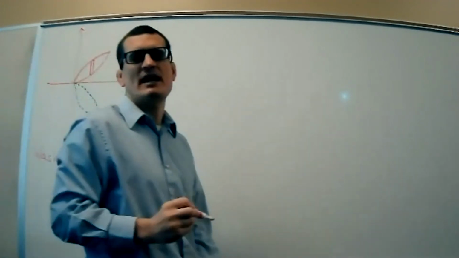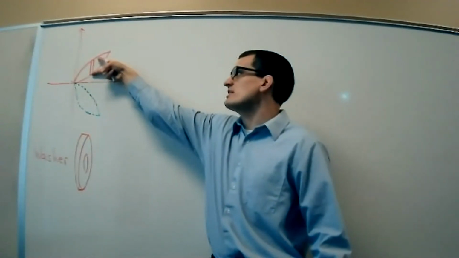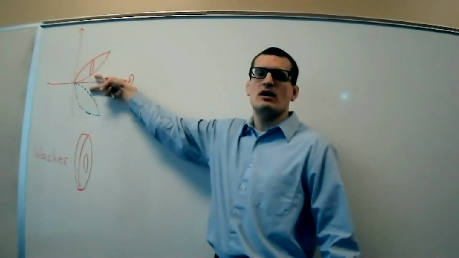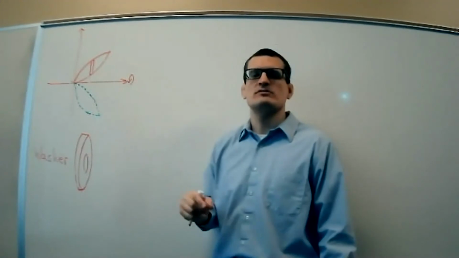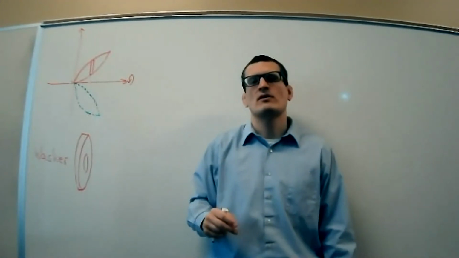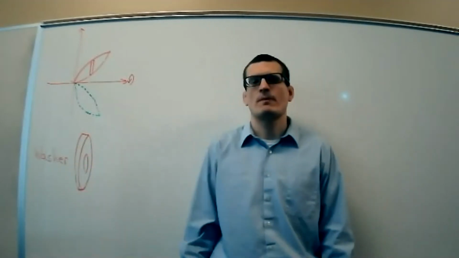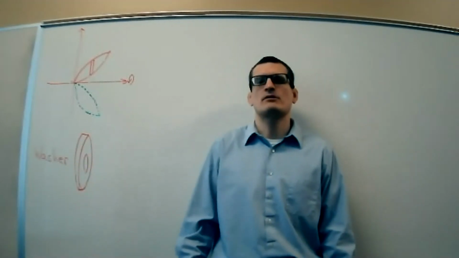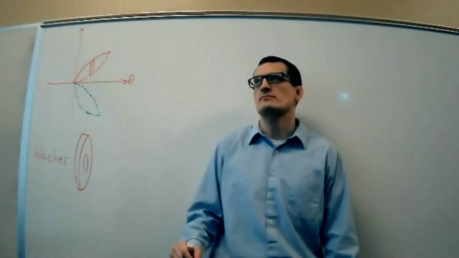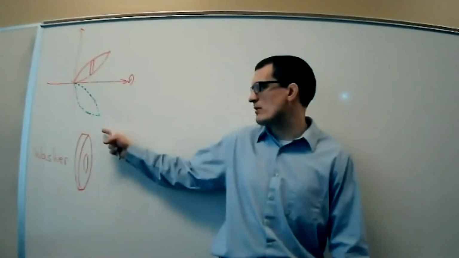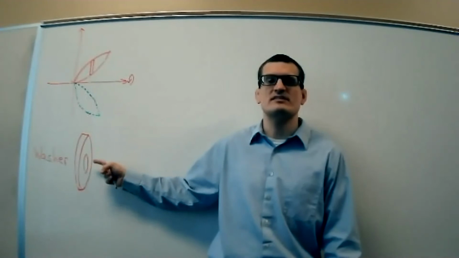So oftentimes, when you have space in the middle, when your rectangle that you really want to rotate on your region doesn't go all the way down to the line we're rotating it around, the technique here is often called the washer method. Now, it's called the washer method because, again, it looks like a washer. But really, if you think about what a washer is, it's a big disc with a disc cut out of the middle.